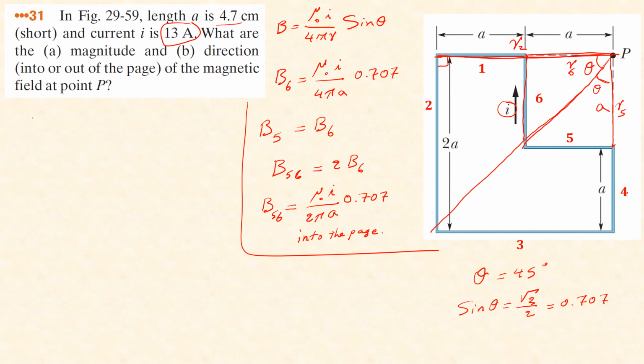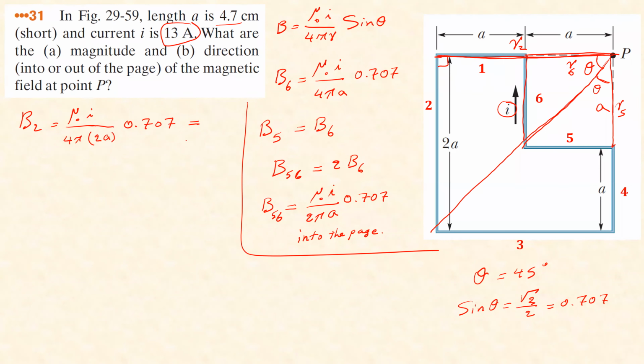So B2 is mu naught I over 4 pi, the distance R, which is 2A, times sine of 45, which is 0.707.